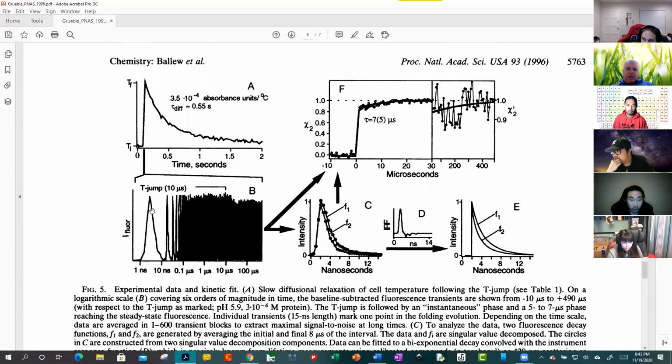So there's subtle differences in the temporal structure of the fluorescence recoveries as time progresses, between the first nanoseconds and out to a couple hundred microseconds.